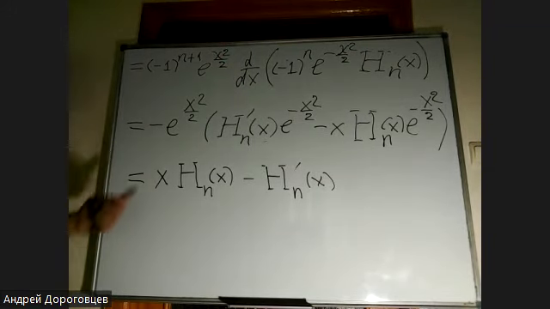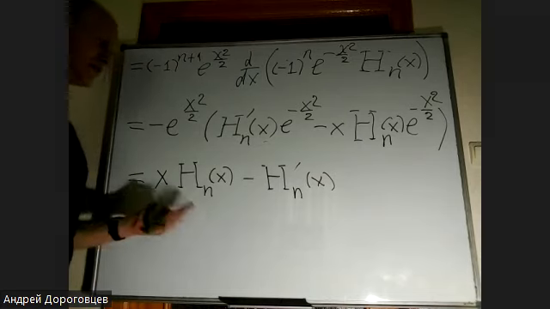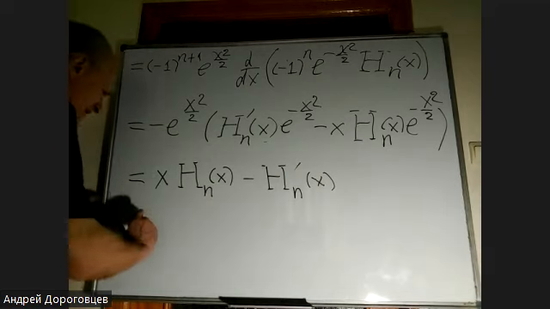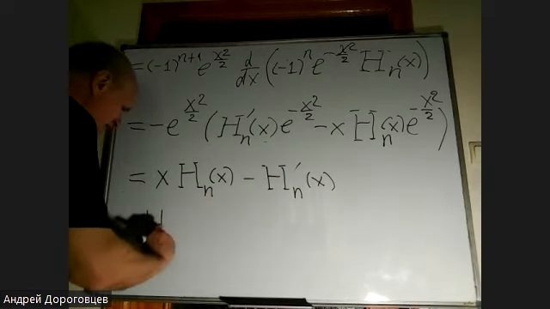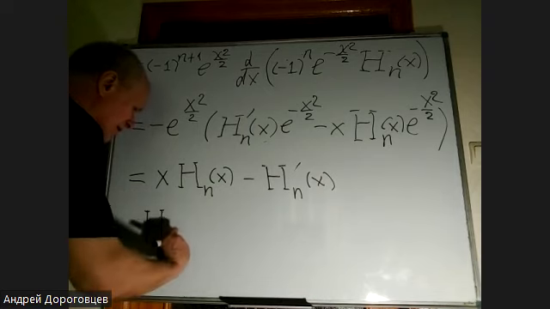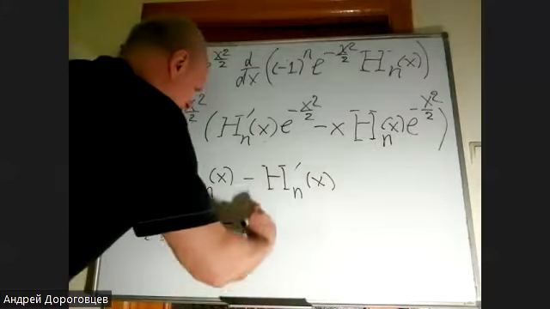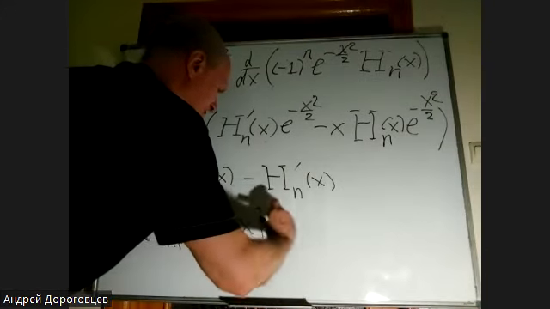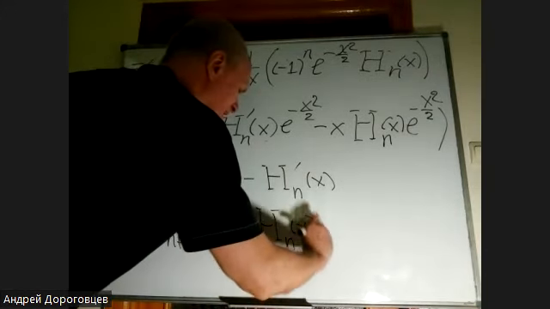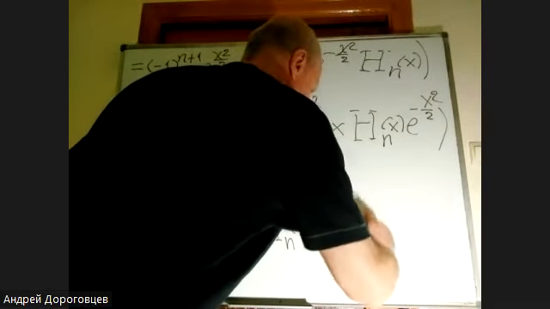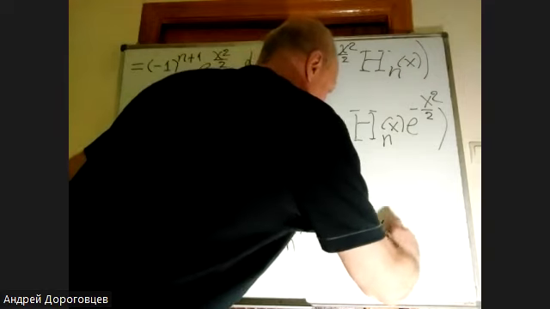Let us write this expression again, so we get the following representation: H_{n+1}(x) is equal to x H_n(x) minus H_n'(x).